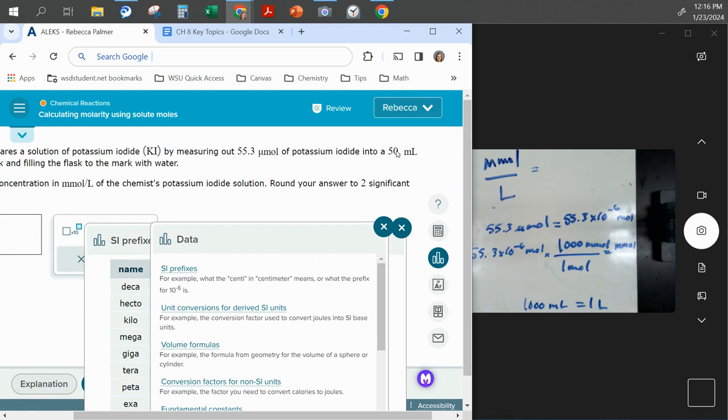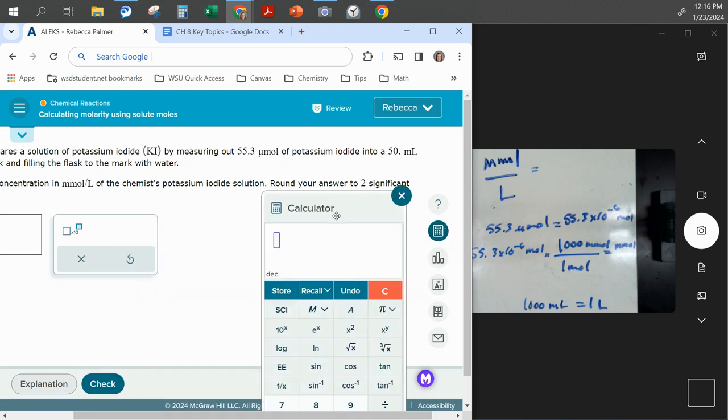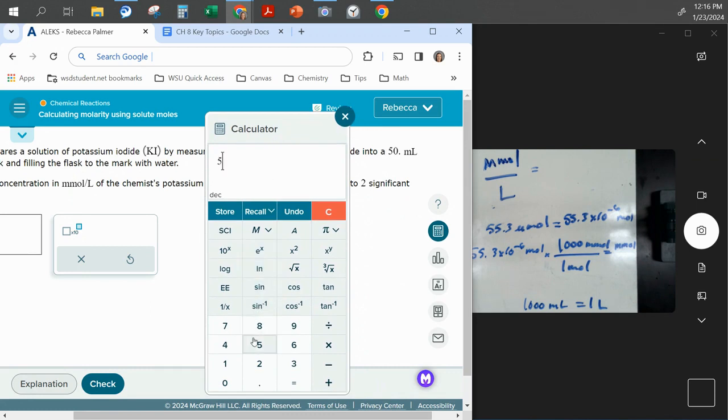Let's just convert that in our head. This has 2 sig figs. Again, the problem won't tell me how many sig figs to keep on the test. So my answer needs 2 sig figs. All right, let's find the calculator. I'm going to do micromoles to millimoles first. 55.3 times 10 to the negative 6, so that's micromoles.